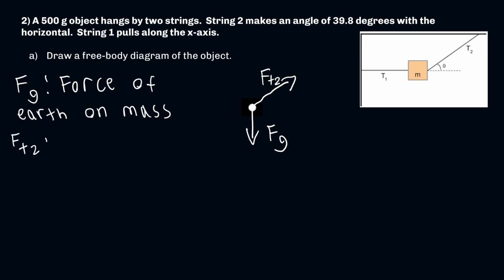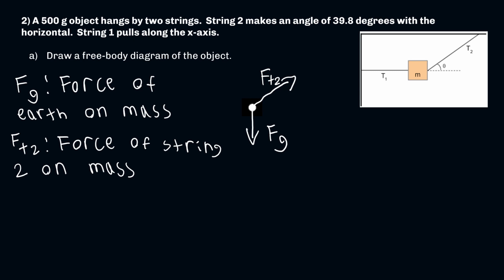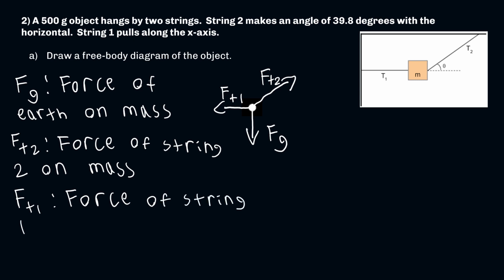So FT2 is force of string 2 on the mass. And then we're going to have here FT1, which is going to be the force of string 1 on the mass. That's it.